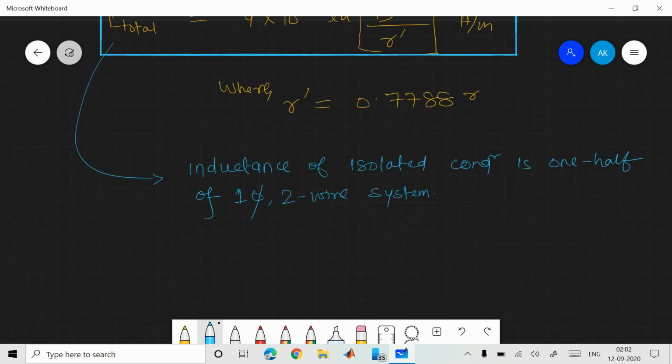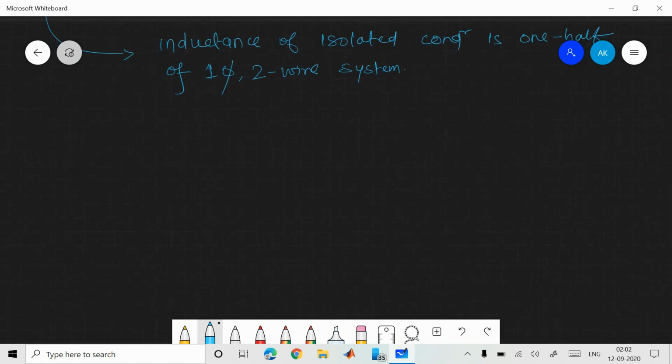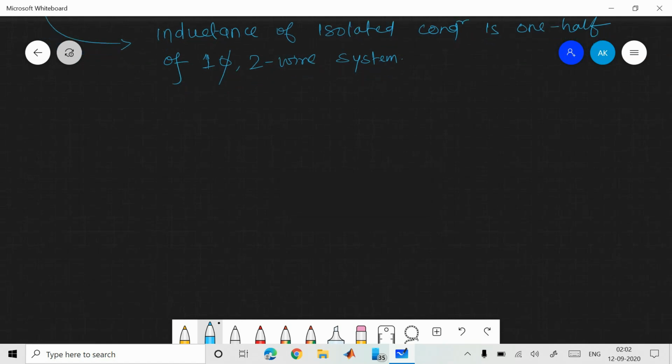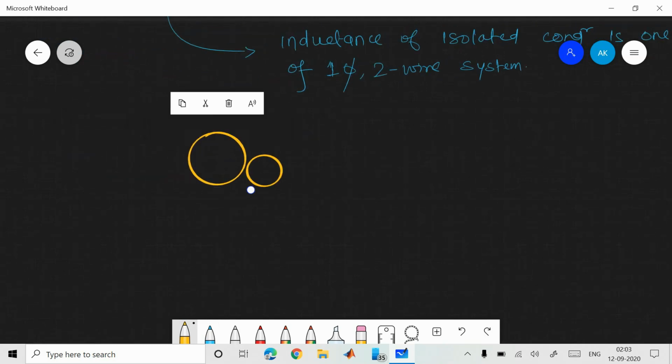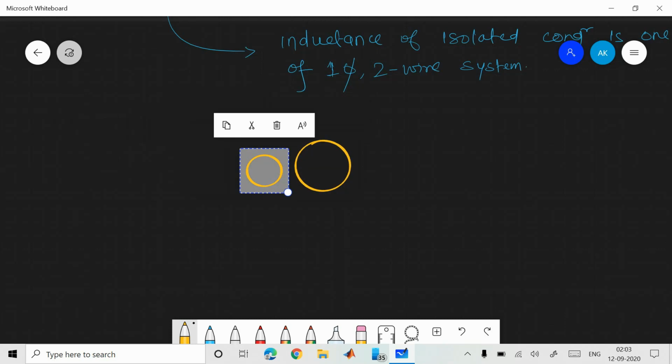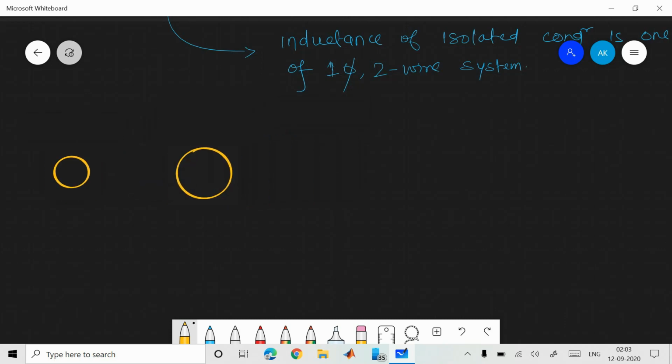r dash. Okay, now suppose the radii of the two conductors are not equal, meaning they are different. So what will be the case? In this case, you have two conductors of different radius.